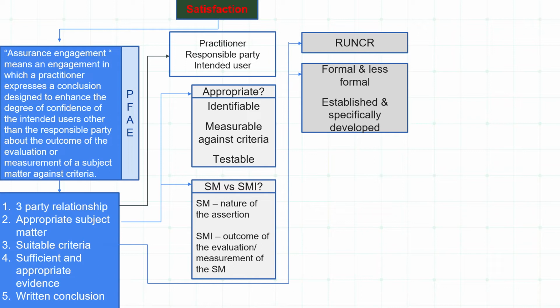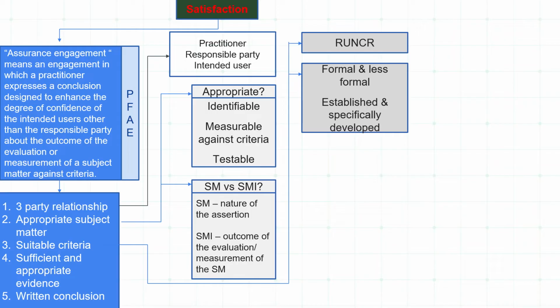But when you talk about less formal or specifically developed, think about house rules. Think about KPIs, where these are generated specifically for use by a certain entity or a certain organization or a certain transaction. And so these are called less formal or specifically developed criteria.